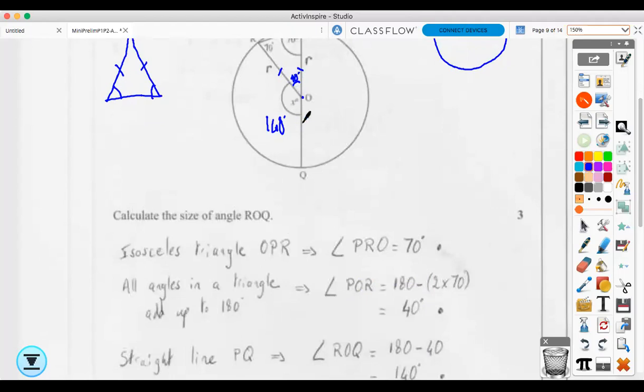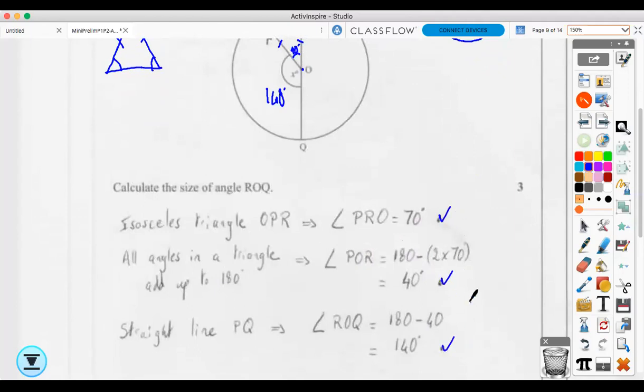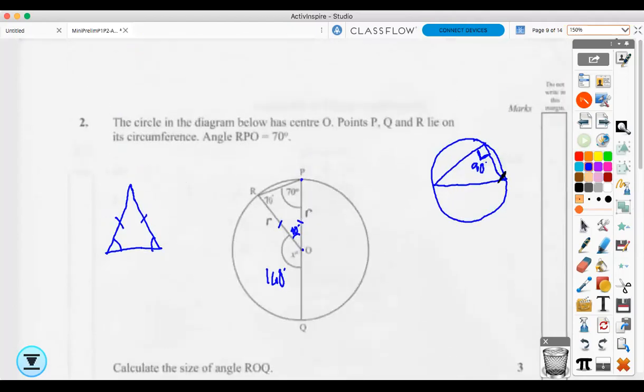And then ROQ is your last angle. So those were the 3 marks. Find the first angle, second. Okay, so common mistake to avoid is this. You need to make sure that your triangle is made up of the whole diameter before you can say that you've got the 90-degree angle.